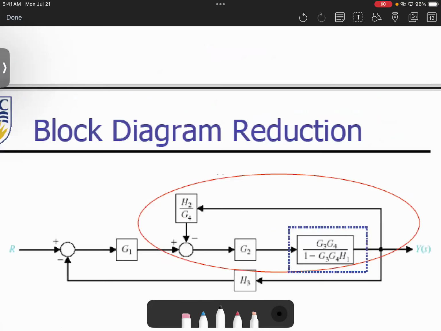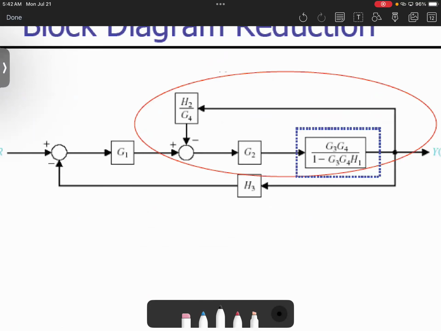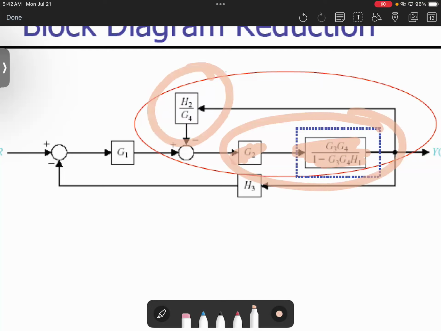That's what I did here, the simplification. Now look at this. Is there any extra simplification? G2. Yes, there is a closed loop going on in the orange circle. The forward path is G3, G4 over 1 minus G3, G4, H1, while this one is the feedback.